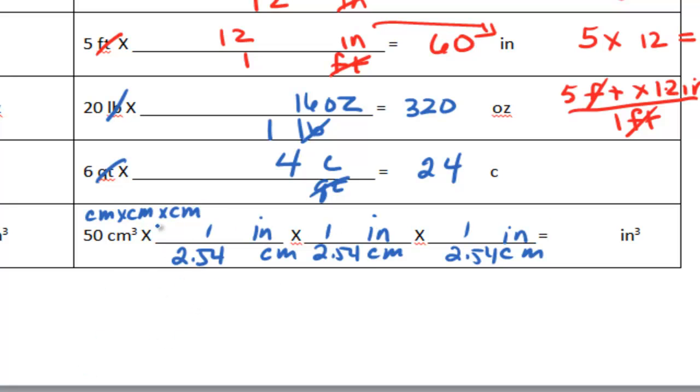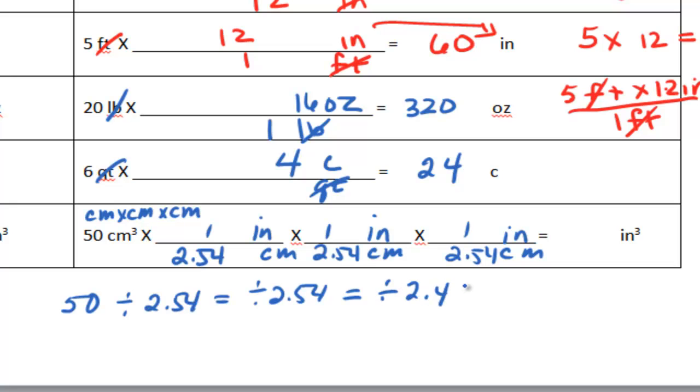So this problem is quite a bit messier. You're going to take 50 divided by 2.54, push equals, divided by 2.54, push equals, divided by 2.54, push equals, and that should be your answer.